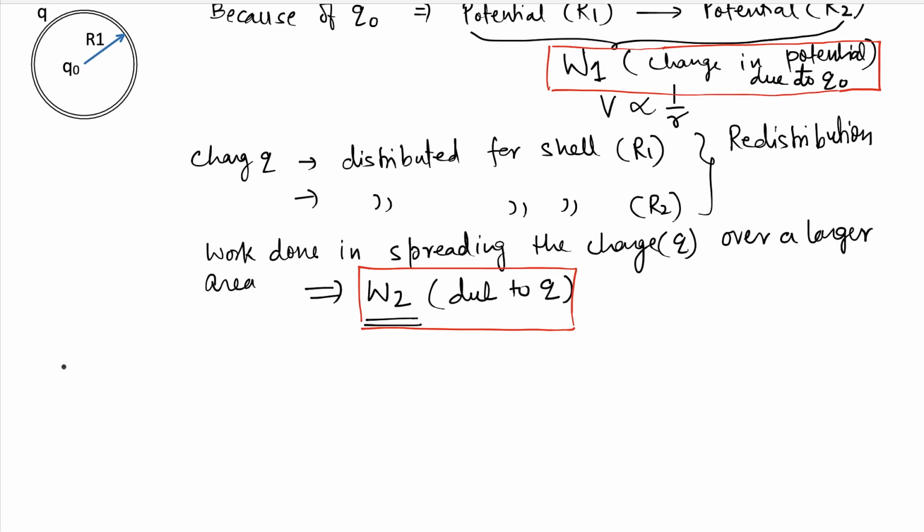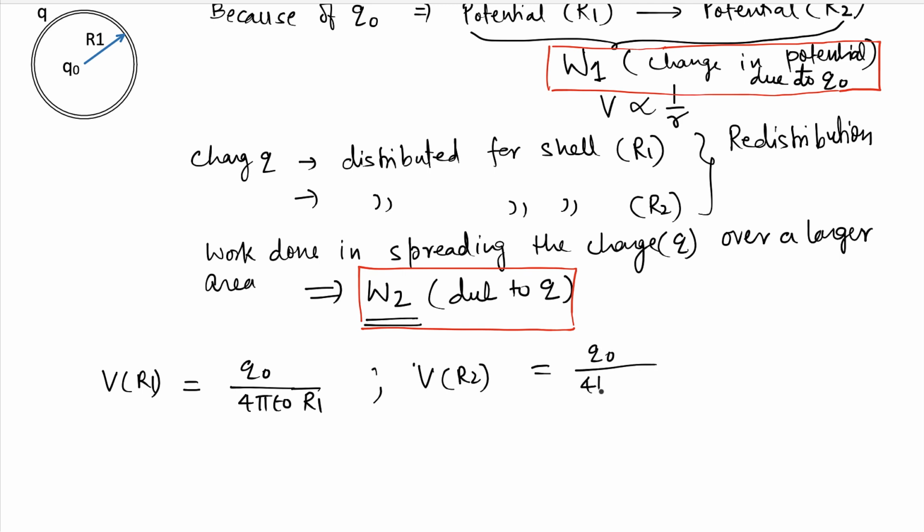So the first one should be simple. What is the potential at R1? That is Q0 by 4 pi epsilon naught R1. And what is the potential at R2? That is again the same, Q0 by 4 pi epsilon naught, this time R2. And hence the change in potential is Q0 by 4 pi epsilon naught times 1 by R1 minus 1 by R2.